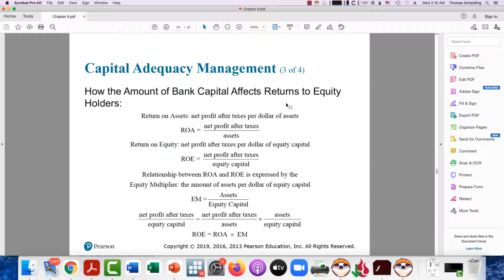Profit versus the assets that I have there total. How big of a margin of a business is this? This is essentially what we're looking at here.